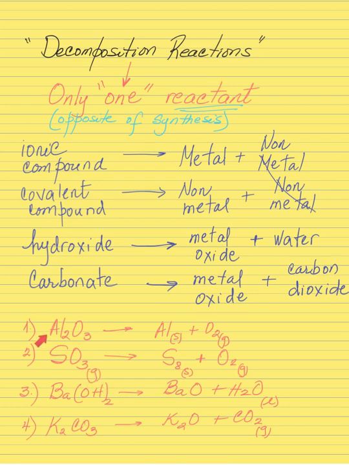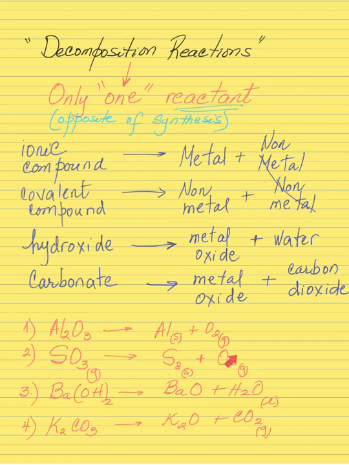See? You have an ionic compound, you have aluminum oxide that is going to be decomposing into the metal, which is aluminum, and the oxygen. Can you balance that equation? Pretty easy. Then you have over here sulfur trioxide decomposing into sulfur, okay, by the way, you don't have to know that, and oxygen. See that?